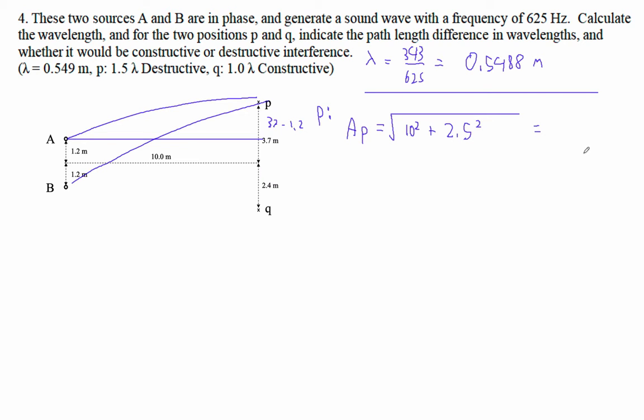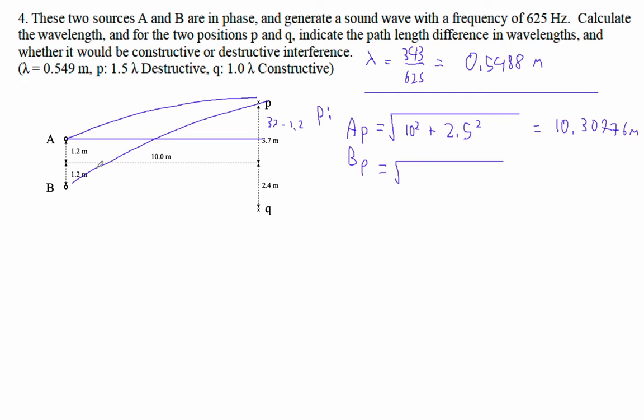So the square root of 10 squared plus 2.5 squared is 10.30776 meters.